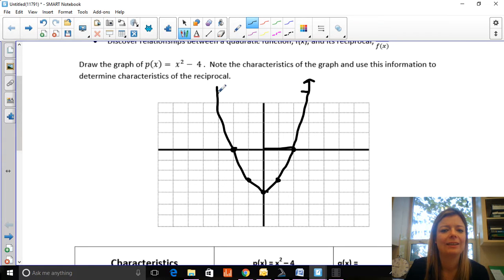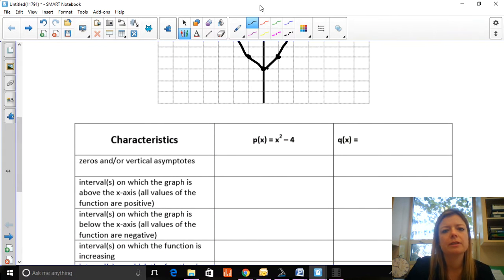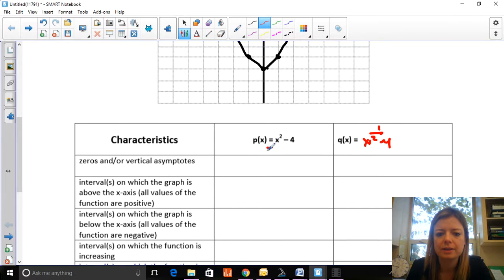Okay, so that is p of x equals x squared minus 4. We're going to look at this and start graphing our reciprocal function. The reciprocal function would be 1 over x squared minus 4, and I'm going to factor this so we can see it in factored form.